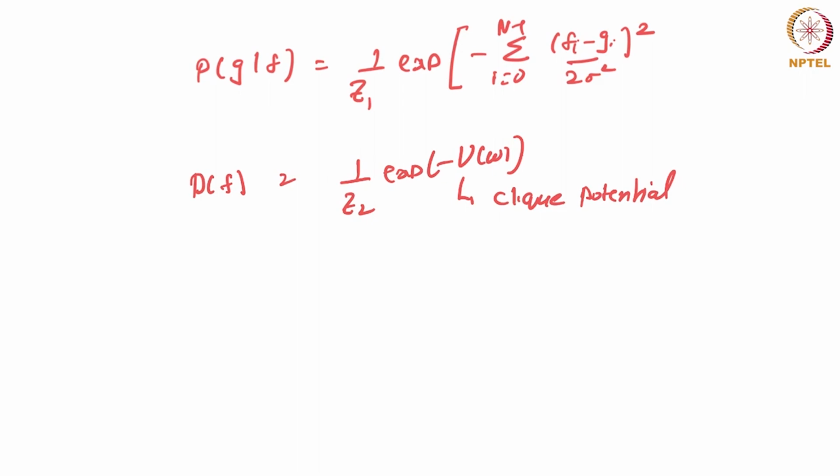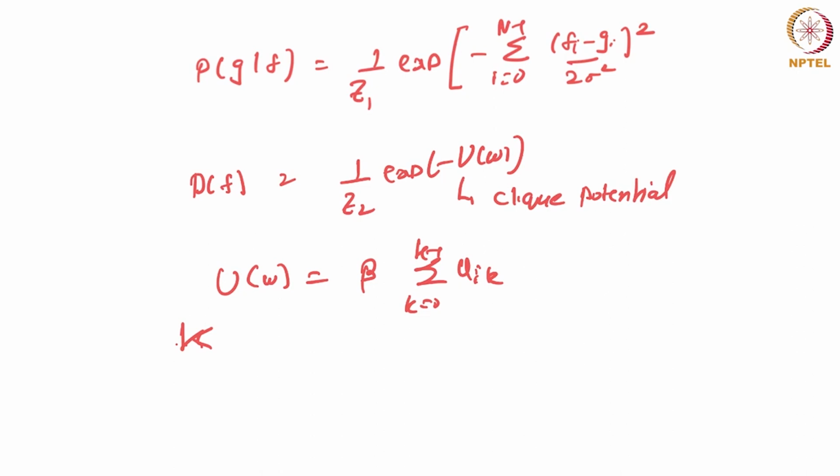For instance, one potential that is often used is u of omega, and I'll tell you what this is. U of omega is some beta times the summation over k equal to 1 to K of u of ik, where K is the number of cliques. Cliques are, given a neighborhood, the ways you can split it into pairs, 3 at a time, 4 at a time, etc. That's how we call it a clique.